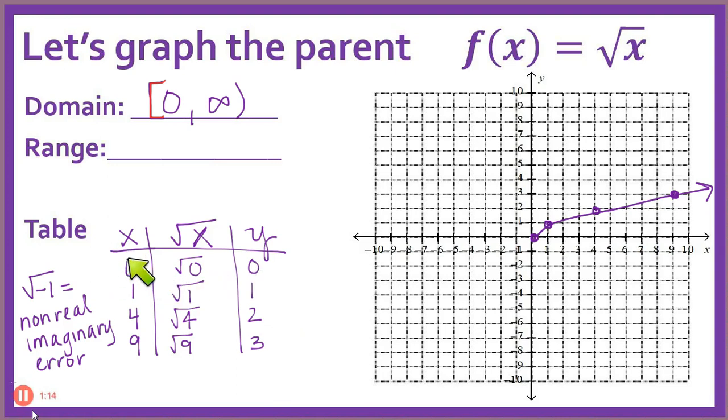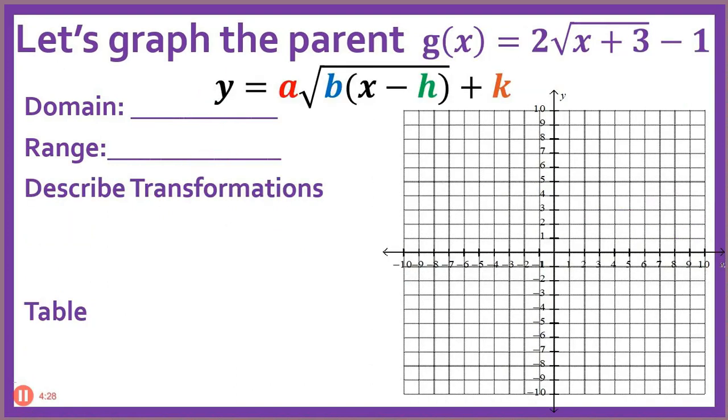Because it's impossible to take a square root of a number that is less than 0, our output is also going to be 0 for the parent. So when we write our range in interval notation, we have 0 to infinity. This is the parent table that we're going to use for the rest of the examples.